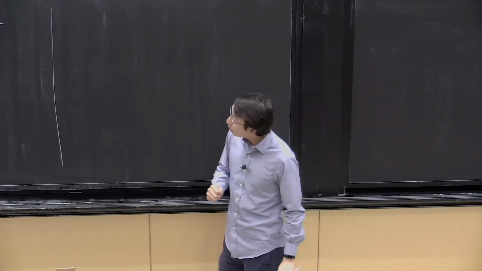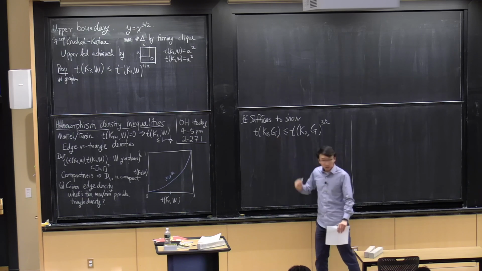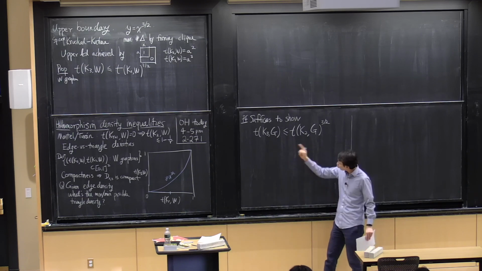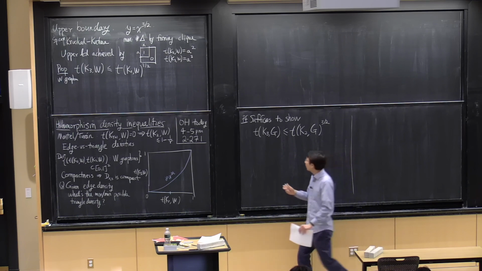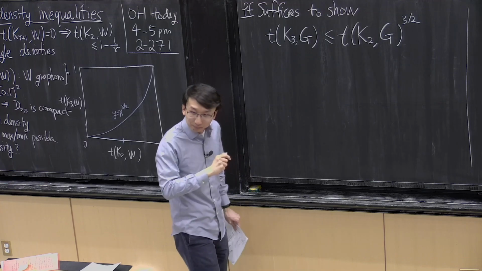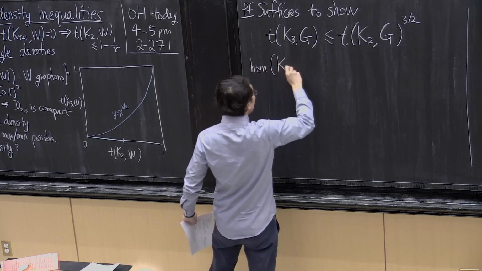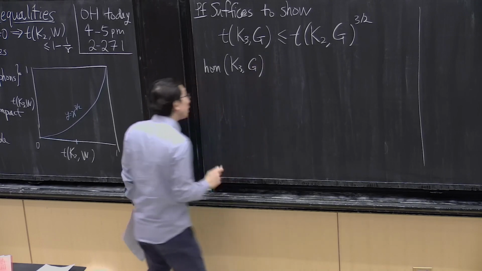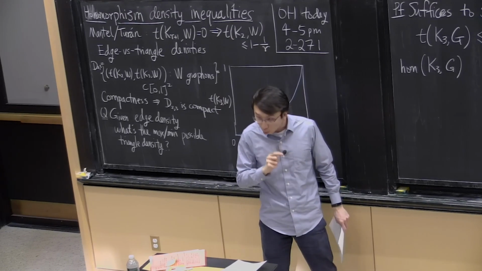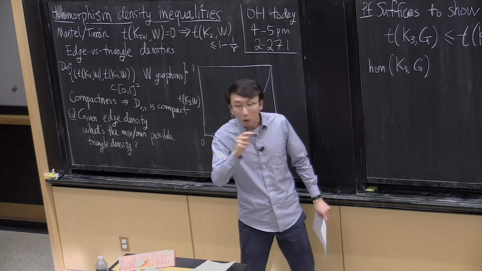Now with graphs, and specifically these counts here, okay, so triangle densities and edge densities, they correspond to counting closed walks in a graph. Right? So in particular, if we're interested in the number of K3 homomorphisms in a graph, this is the same as counting closed walks of length 3.